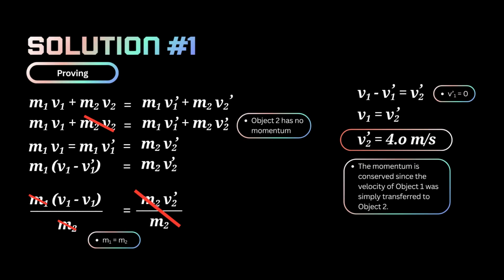The transition of velocity from the cue ball to the three ball is captured as m1 times v1 minus v1 prime is equal to m2 v2. This shows that the velocity of the three ball equals 4 meters per second, while the cue ball's final velocity is 0.